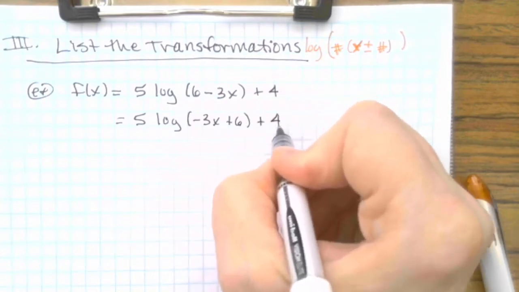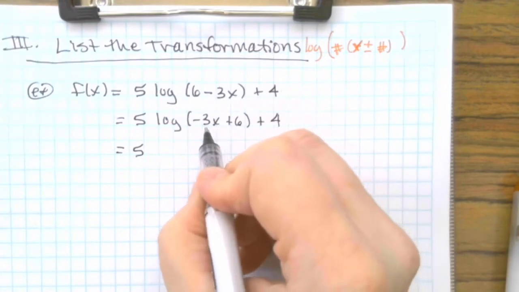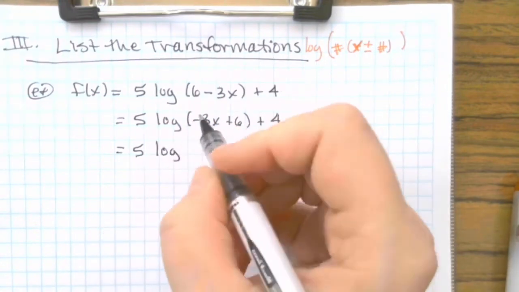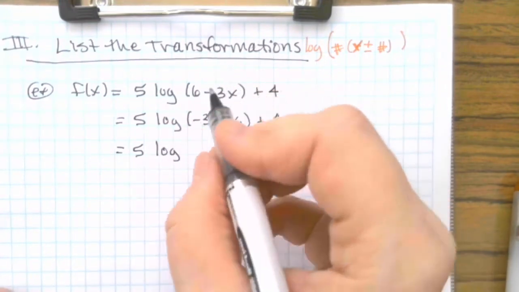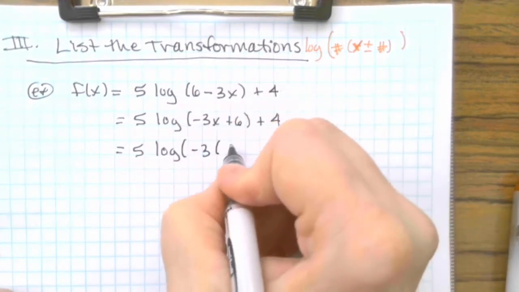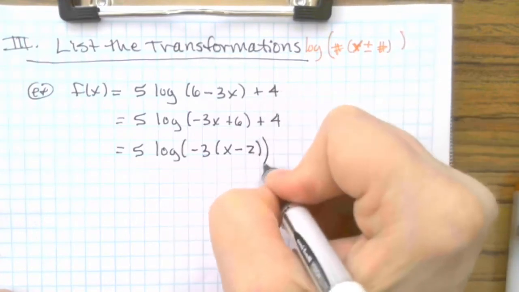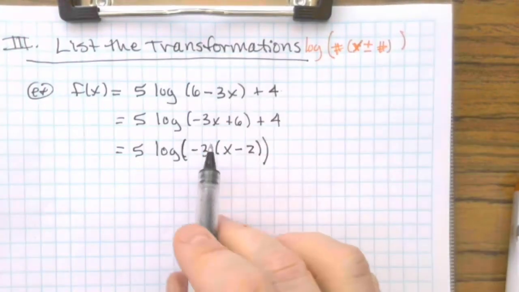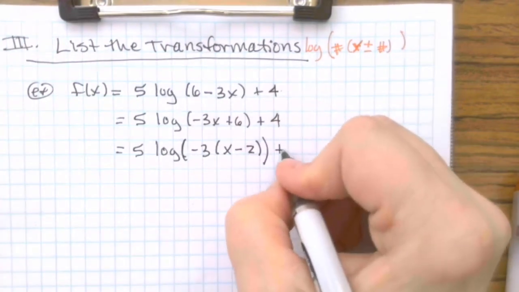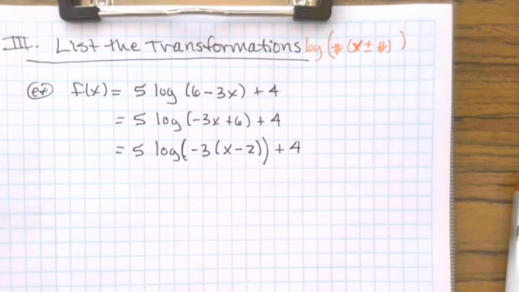Get the x first. Now I need to get the negative 3 off of the x. So I have to factor the negative 3 out of both of those, which gives me negative 3 times (x minus 2). All right, now this is in a form that we can do something with.